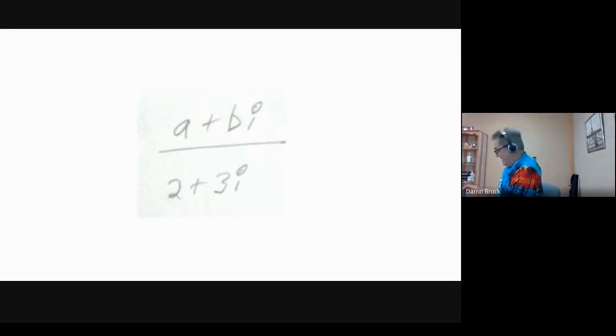We can add, let's say 7 minus 3i, a complex number, to 4 plus 5i. Adding complex numbers: you add the real parts, 7 plus 4, and then you add the imaginary parts, -3i plus 5i.